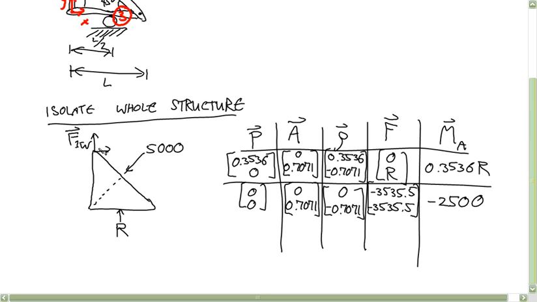And that does make sense, because if you have a hinge here, this force is going to rotate the body clockwise, right? It should be a negative moment. And then this force acts at 0.7071.